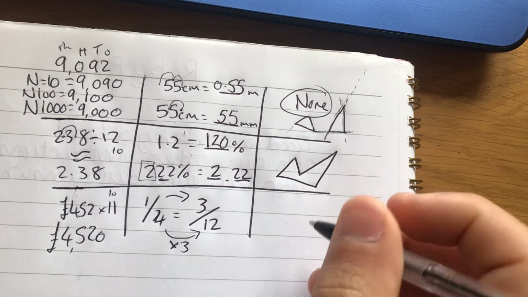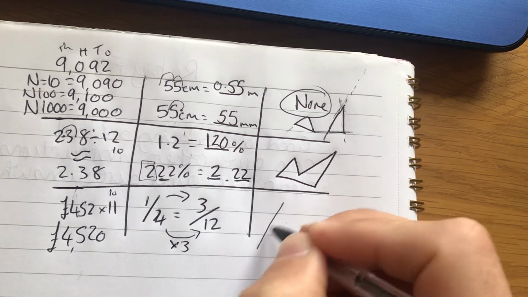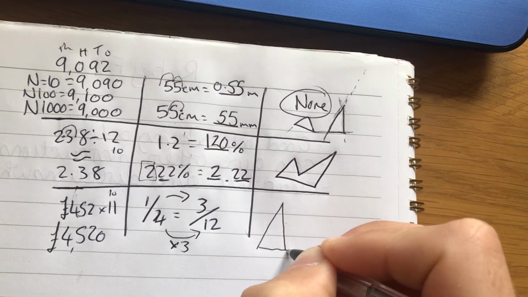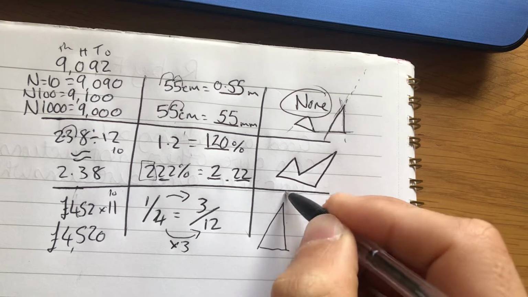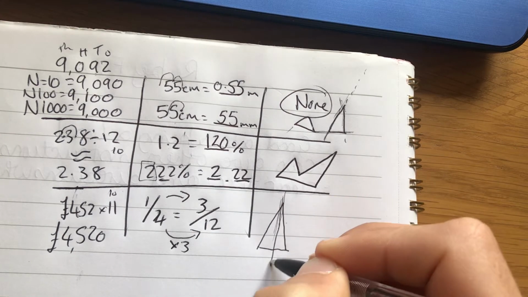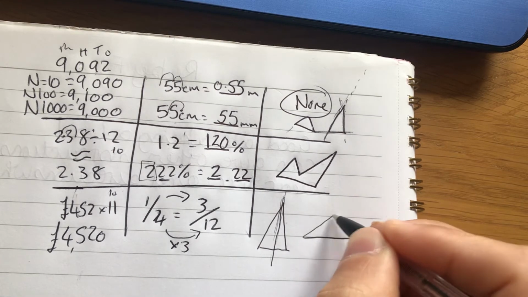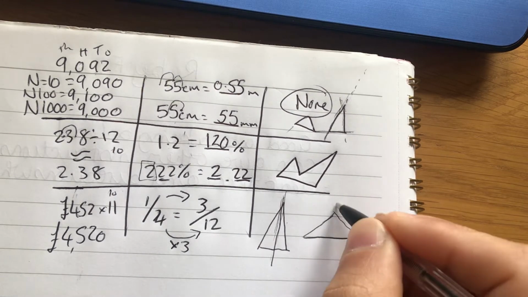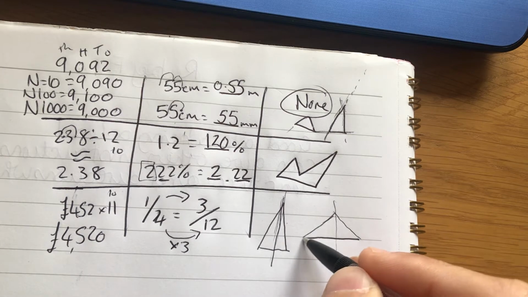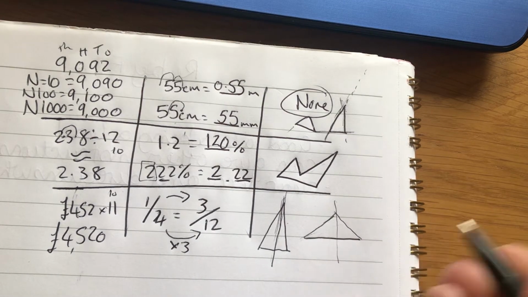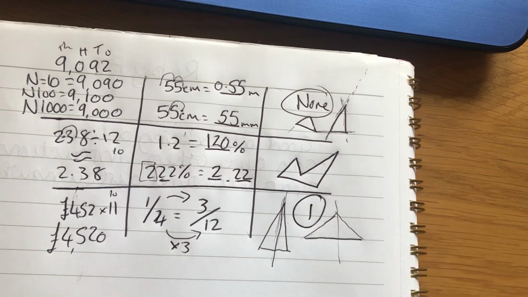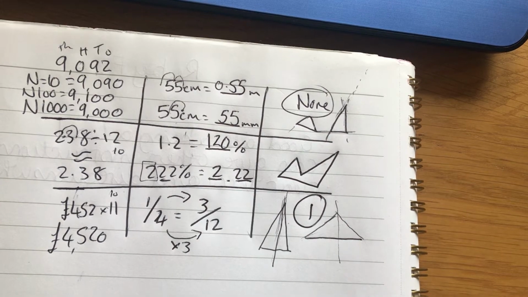You might want to think about it and go, well, actually, if I've got 2 sides that are the same and one that isn't, I can only fold it that way. Even if I draw it kind of like that, I'm only going to be able to fold it that way. Can't fold it that way. So it's 1.